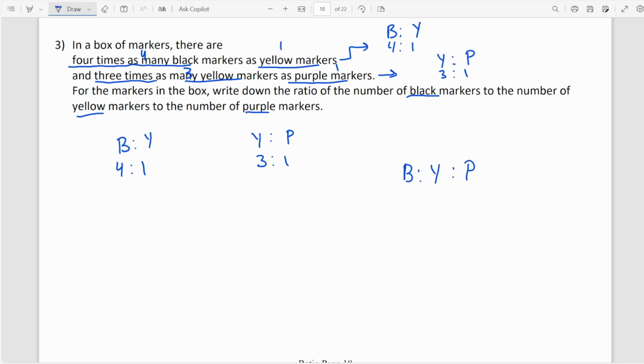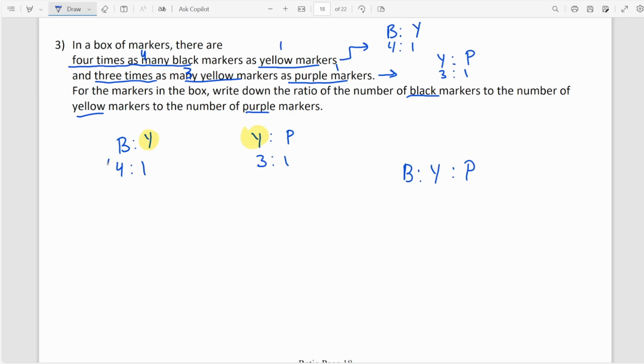So in order to combine these two ratios, I will go ahead and look for the shared element, which is the yellow. I need to make the yellow parts the same in both of these ratios. This is relatively easy because you have a 1 for the yellow here.